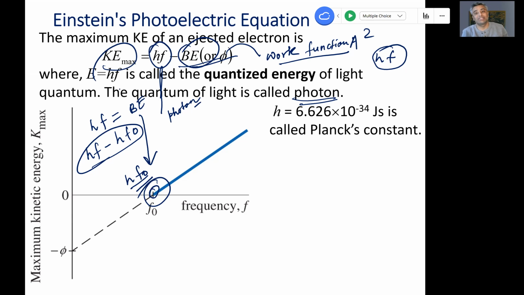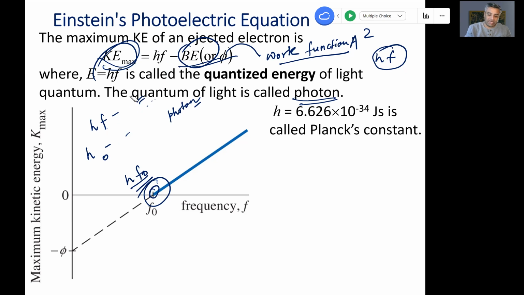Kinetic energy is going to be 0, right? So the difference is going to be 0. So no kinetic energy. So what's going to happen? That electron is going to just get out from there, but not going to fly off from the surface, okay?